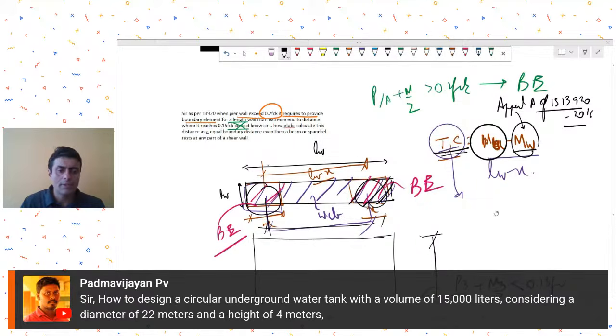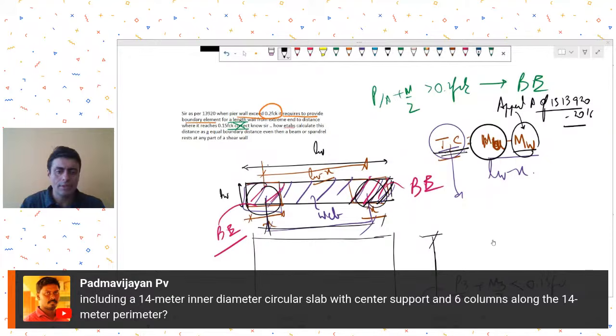Then Mr. Padmavijayan PV is asking how to design a circular underground water tank with a volume of 15,000 liters, considering a diameter of 22 meters and height of 4 meters, including a 14-meter inner diameter circular slab with center support and 6 columns along the 14-meter perimeter.